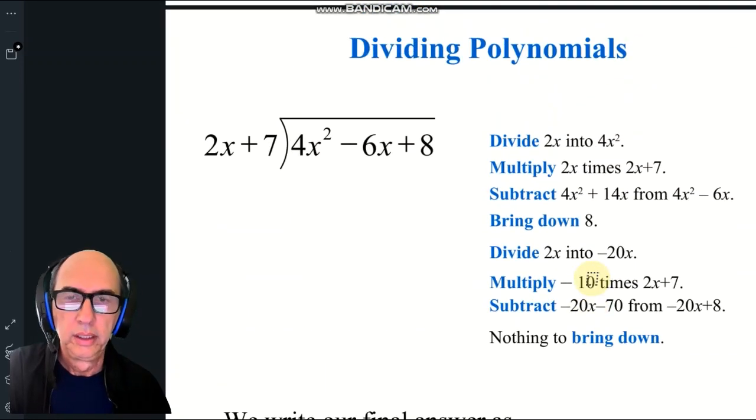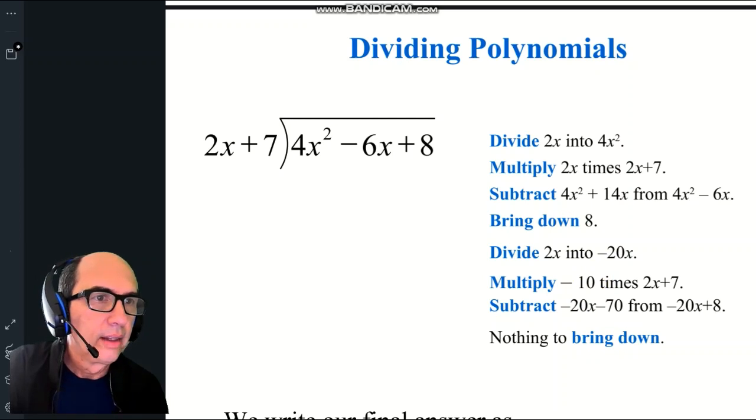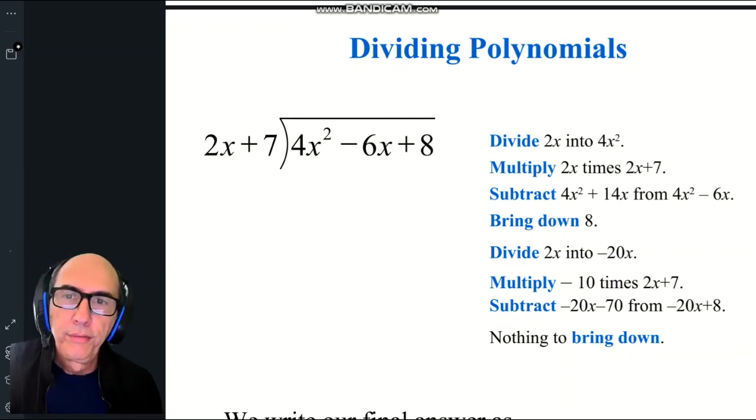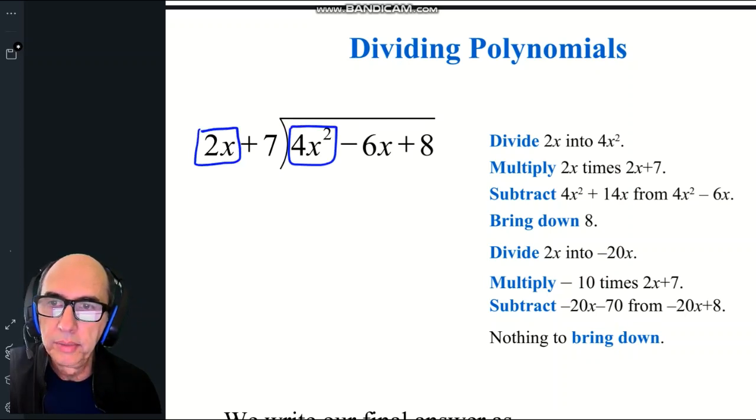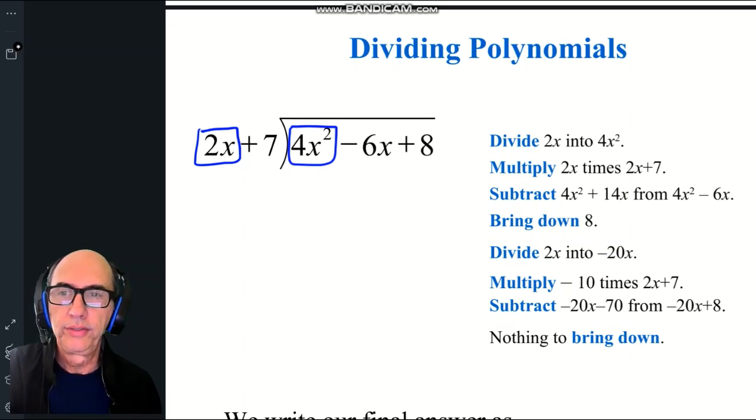All right, let's try this one. 4x squared minus 6x plus 8 divided by 2x plus 7. Again, get the first term and divide by only the first term in the divisor. 4 divided by 2 is 2. x squared divided by x, x.